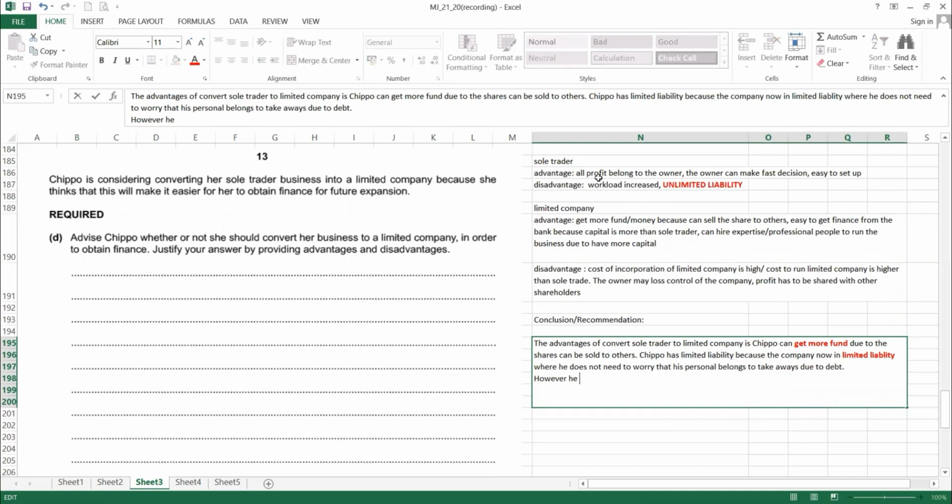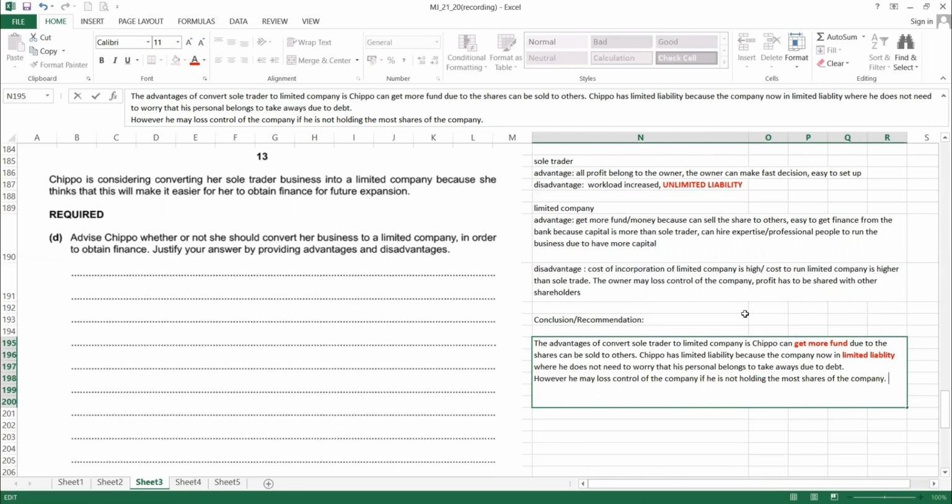He may lose control of the company if he is not holding the most shares of the company. So there is a disadvantage. He may lose control. Now the second point.